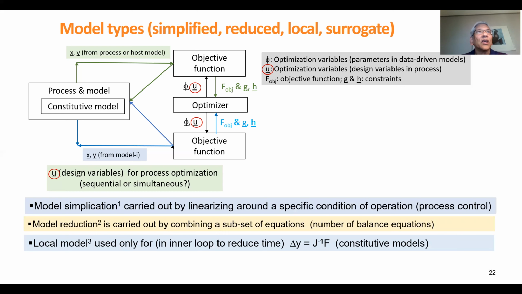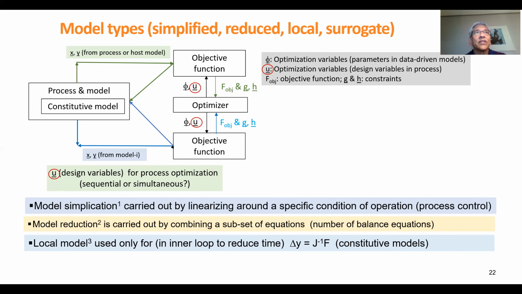Local model, again, is what I described, is that maybe the constitutive model or maybe part of the process model, which takes time, would be converted into a local model. And when they're doing the optimization, they will use the local model rather than the host model, and thereby save time.